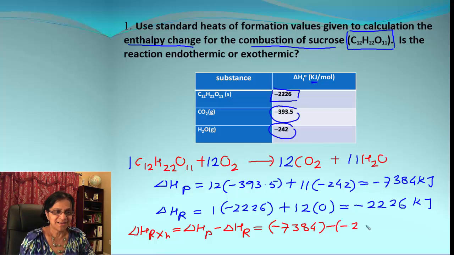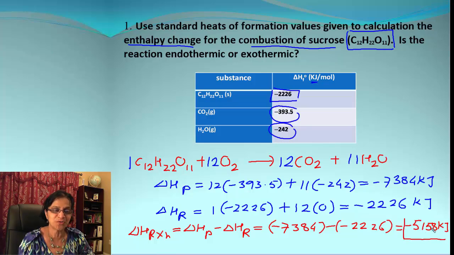And what is the final answer over here? When we solve that, we get negative 5158 kilojoules as our final enthalpy for the reaction. Now, based upon this value, how do we know if the reaction is endothermic or exothermic?